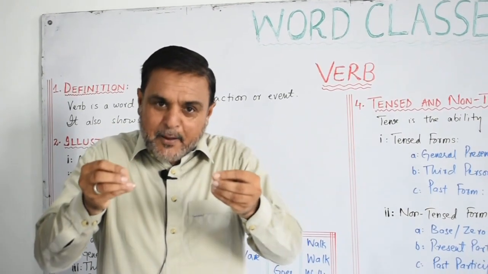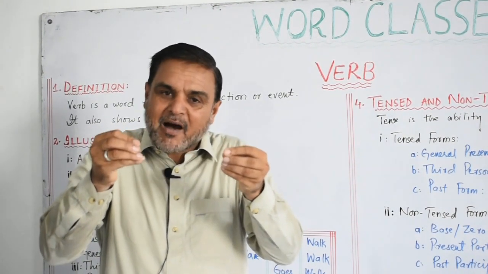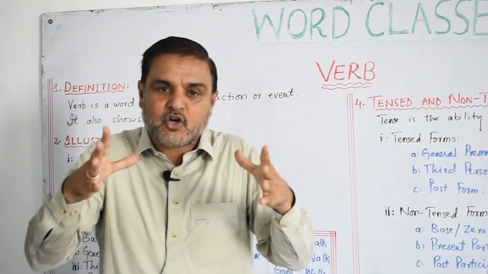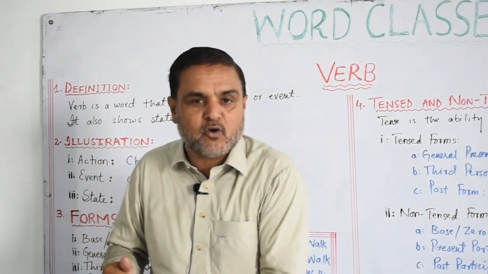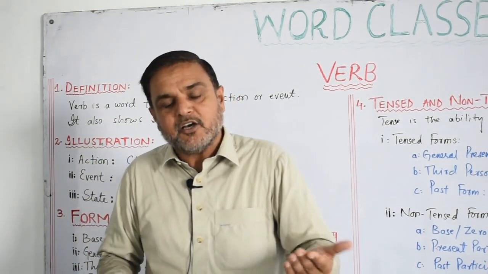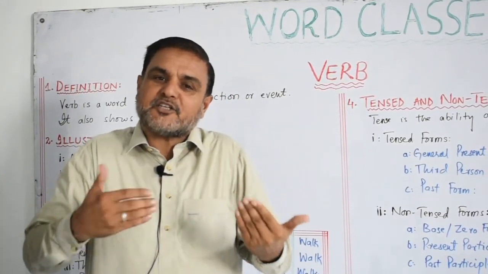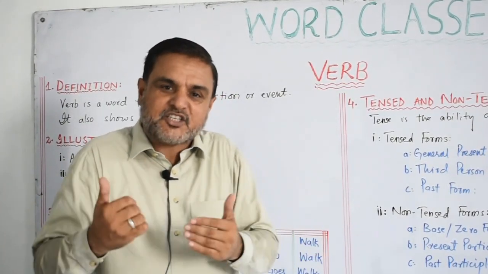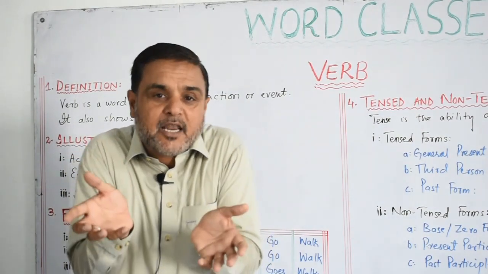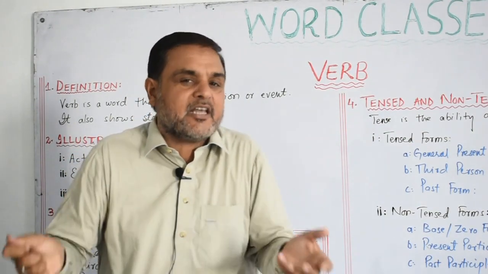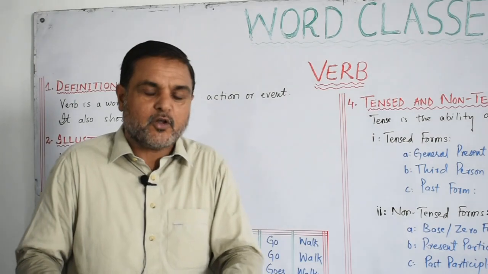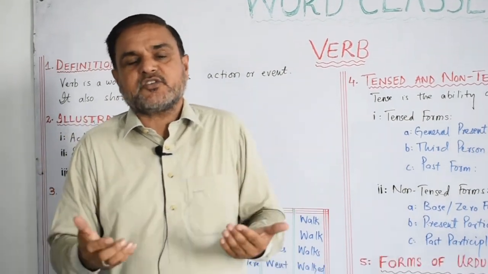At state A or state 1, I had the marker in my hand, and then I dropped it, and now it is there down on the floor. It's state B. This is what we call change of state. You can clearly see there is a change of state. Marker was in my hand and marker is not in my hand. Marker is on the floor. This is called change of state.